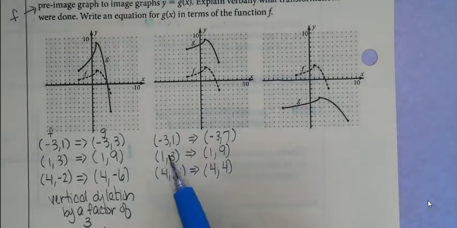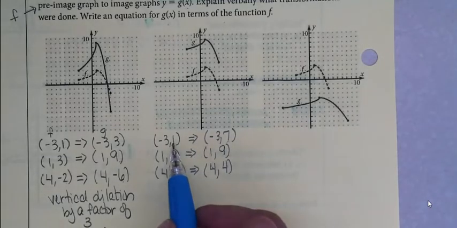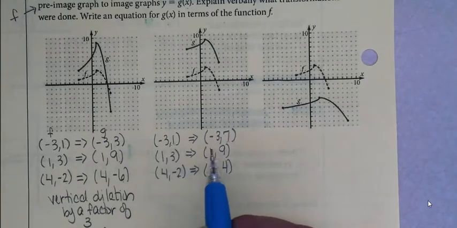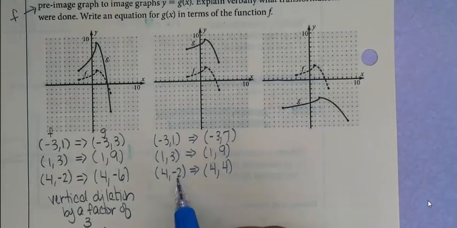Now let's see. If I add or subtract something to all of the original outputs, do I get the new outputs? Well, 1 plus 6 would give me 7. 3 plus 6 would give me 9. And negative 2 plus 6 will give me 4.